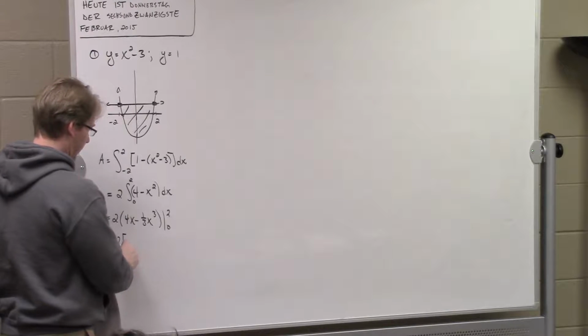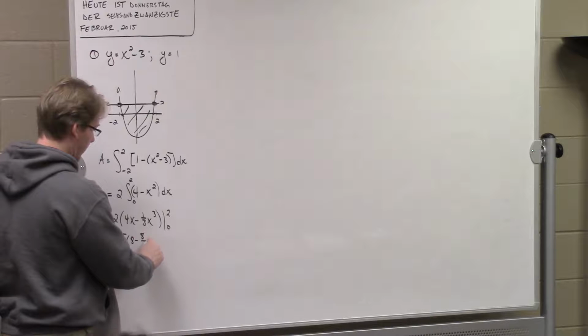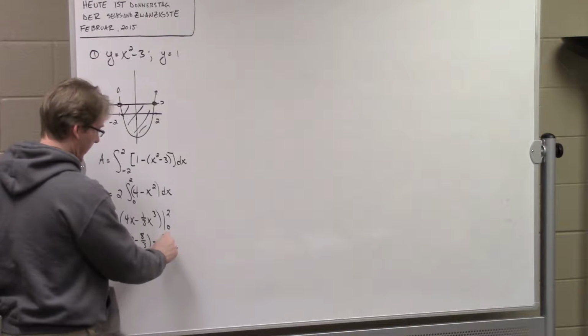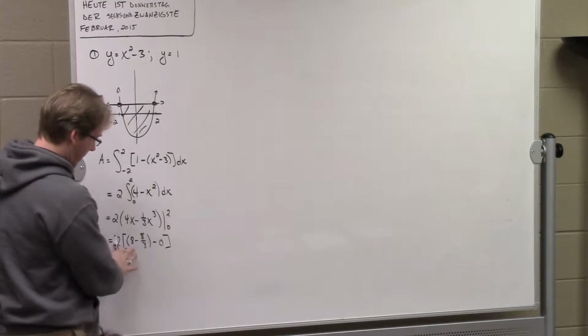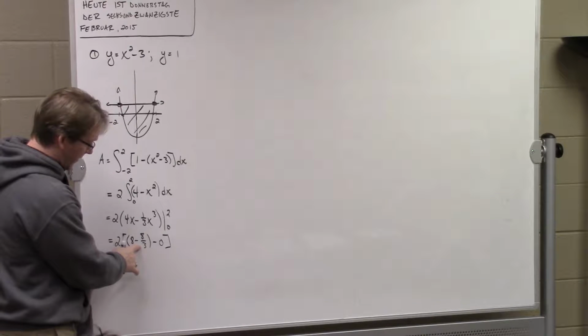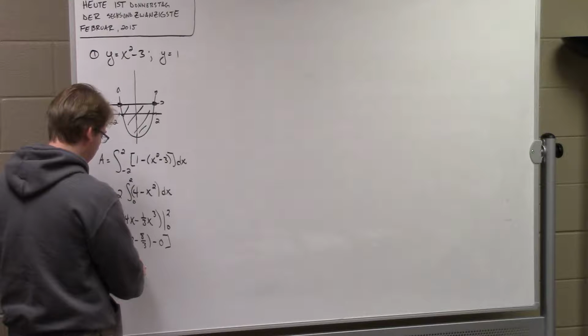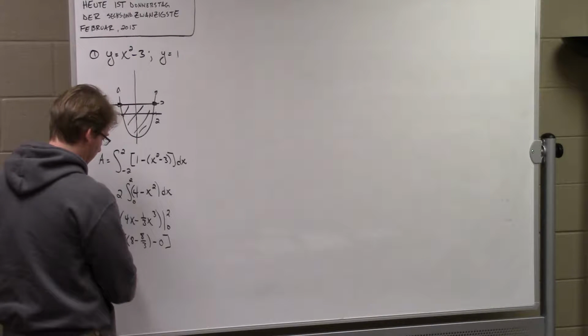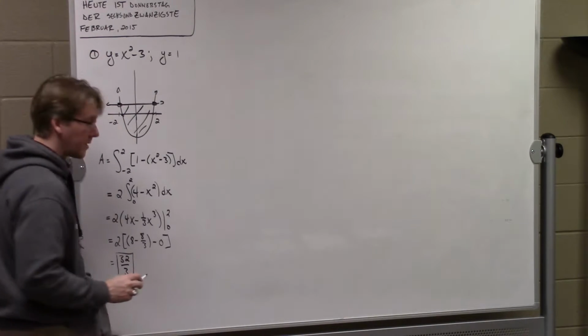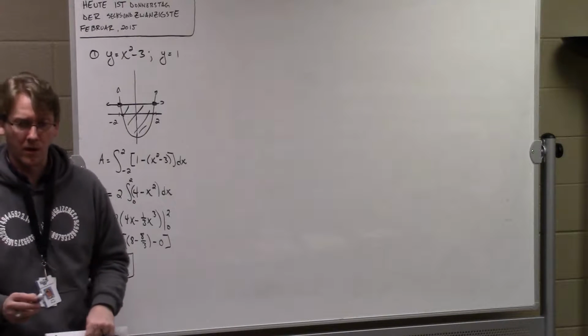Stick in 2, we get 8 minus 8/3. Stick in 0, we get 0. That is 24/3 minus 8/3, which is 16/3. 16/3 times 2 is 32/3. The decimal equivalent would be 10.6 repeating if y'all went that route.